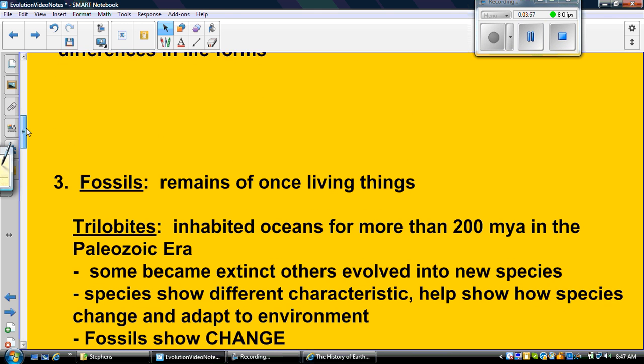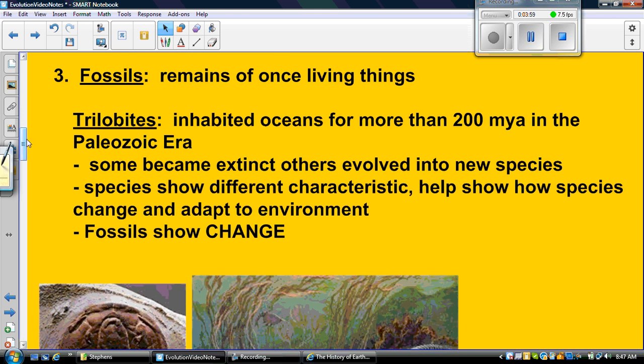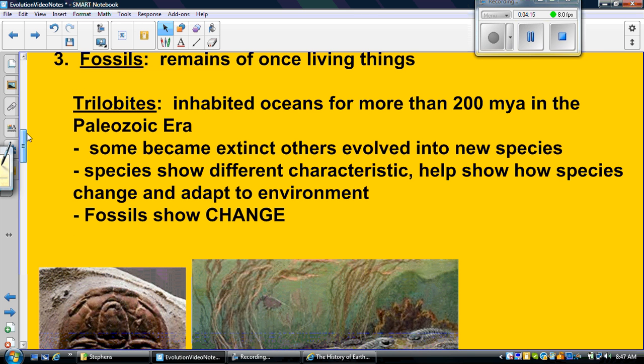So now let's get into the meat of our geological time. Fossils, we've talked about before, are the remains of once living things. So this is what drives our geological time scale. One of the major fossils that we use are trilobites. Trilobites inhabited the oceans for more than 200 million years, and they were found in the Paleozoic era.